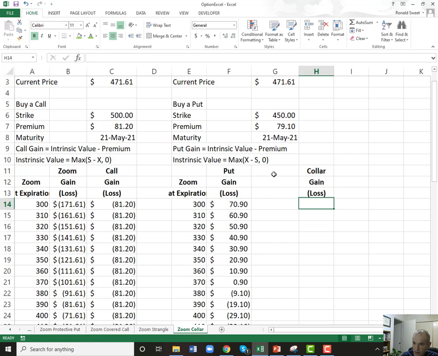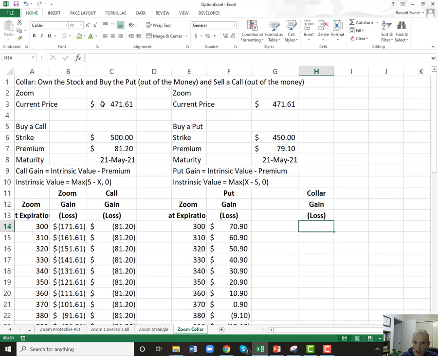Gain or loss. So look at this. For a collar, we own the stock, so plus the stock. We own the put, and we sell the call, so minus the call. If we sell the call, what do we have to do? We have to go back here and change the premium.